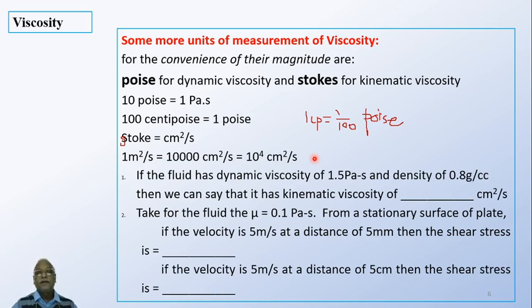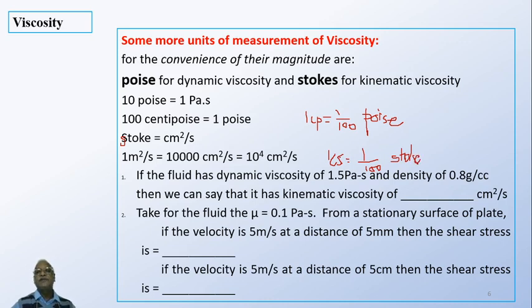Okay. Again here also, 1/100th of a stoke is named as centistoke. It's not written here, but one can take that 1 centistoke, that is cSt, is equal to 1/100th of a stoke, with a lowercase letter s, so that it is a unit of measurement, not the person's name.